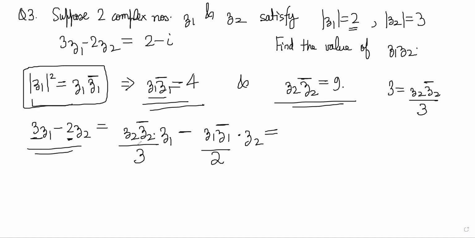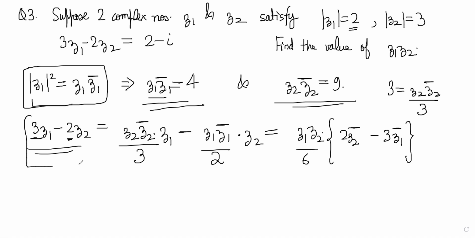Now you can see that you can take z1 z2 common from both. If you take z1 z2 common, you can take 1 by 6 common also, and you will end up with 2z2 conjugate minus 3z1 conjugate inside, right?